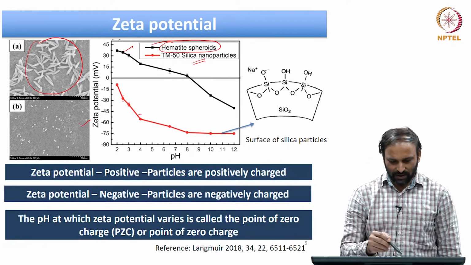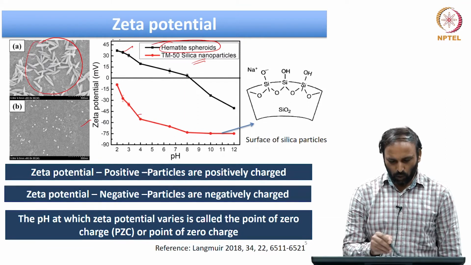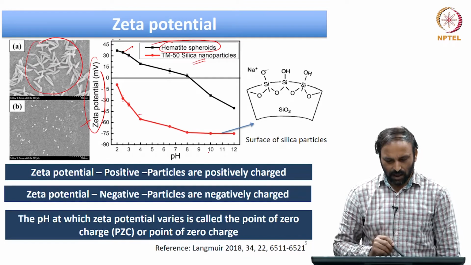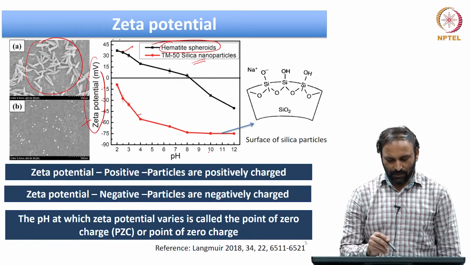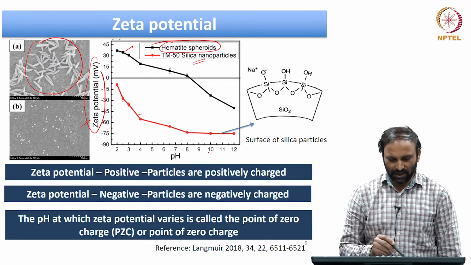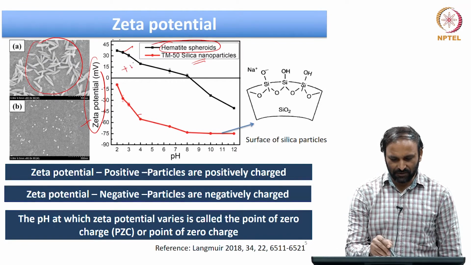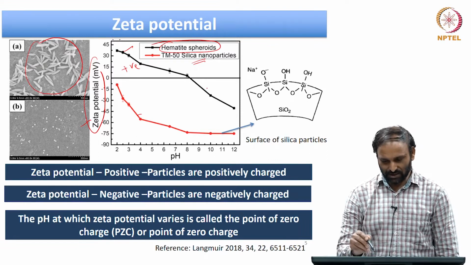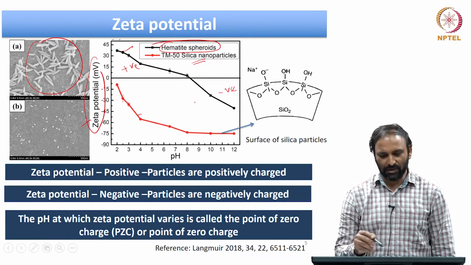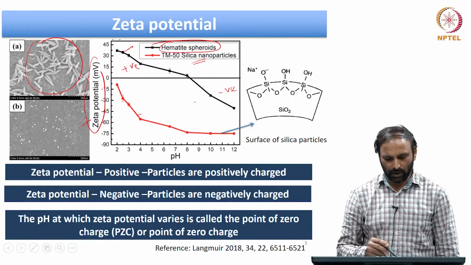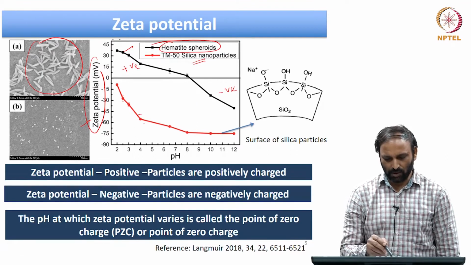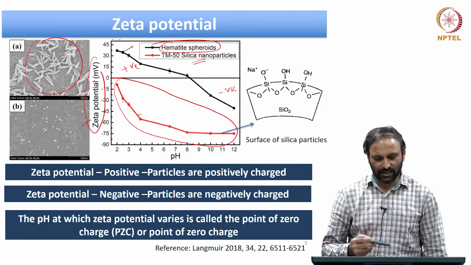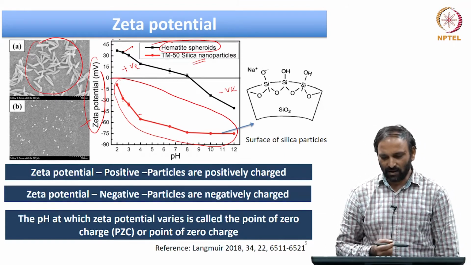What is plotted is zeta potential as a function of pH in this particular case, and you will see that under certain pH conditions the zeta potential is positive, and under other pH conditions the zeta potential is negative for the hematite particle. However, if you look at silica nanoparticles, all throughout the pH window that has been considered, the zeta potential is always negative.